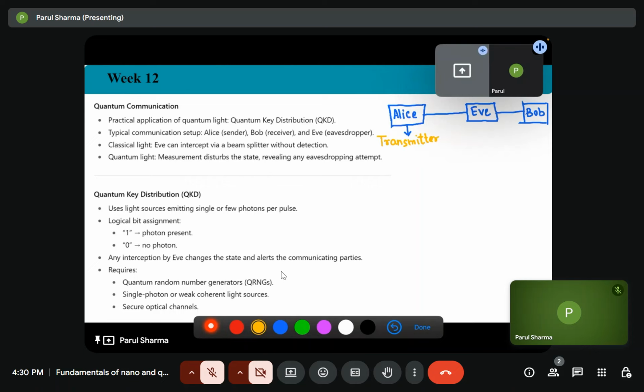Bob is a receiver. So the light is passing through.